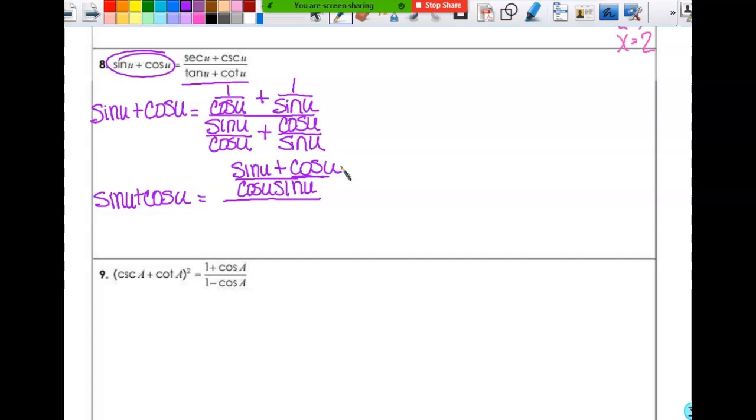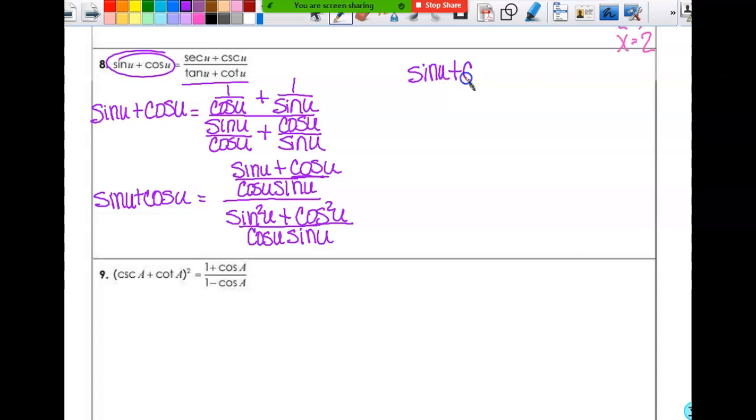Then I need a common denominator in the denominator, and that would be cosine u, sine u. Then this first term would be sine squared u plus, and then the other one, cosine squared u. So now I do have one fraction in each one, but before I worry about multiplying, I want to simplify it as much as I can.